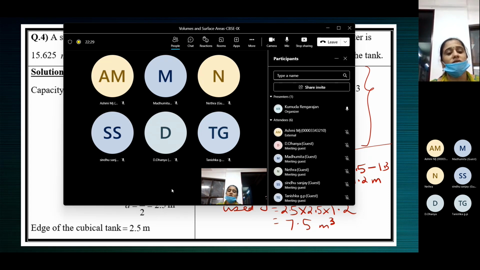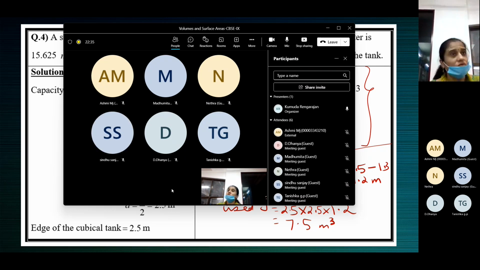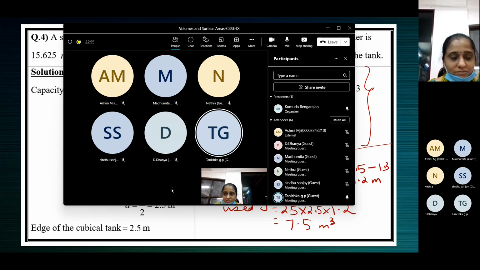What is the breadth of the water? 2.5. What's the height of the water now in the tank? 1.3. Then what height of water is used? 1.2.